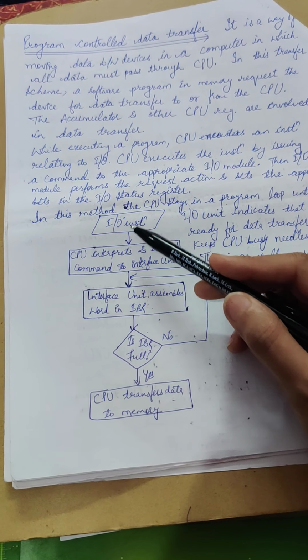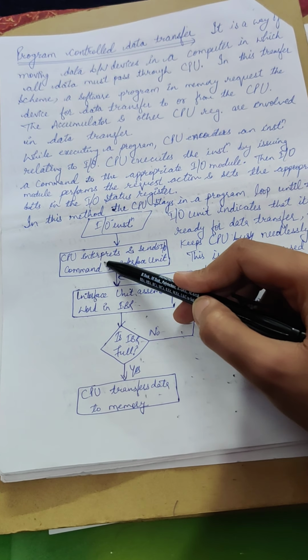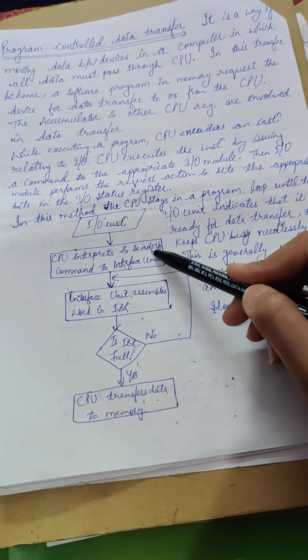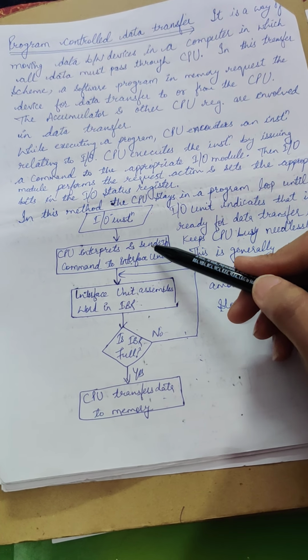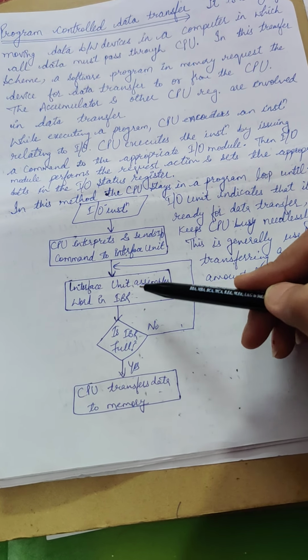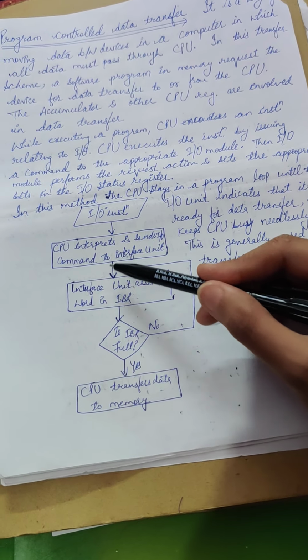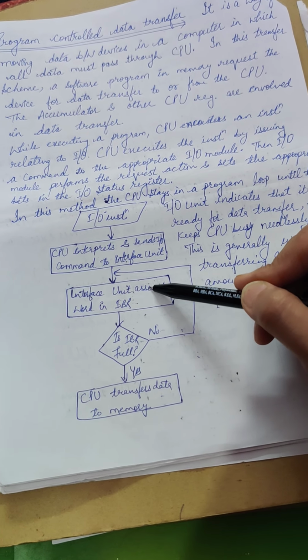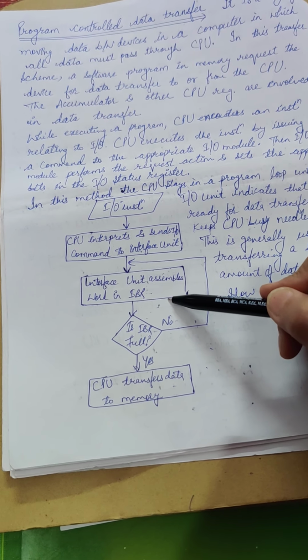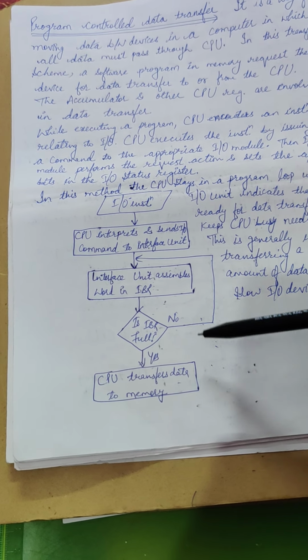That means when we are using I/O devices with I/O instructions, the CPU interprets and gives commands to the interface unit, and after that the interface unit assembles these words in this register. Then the CPU will be free to service them if the IBR register is full, because the CPU has to transfer the data from the IBR to memory.